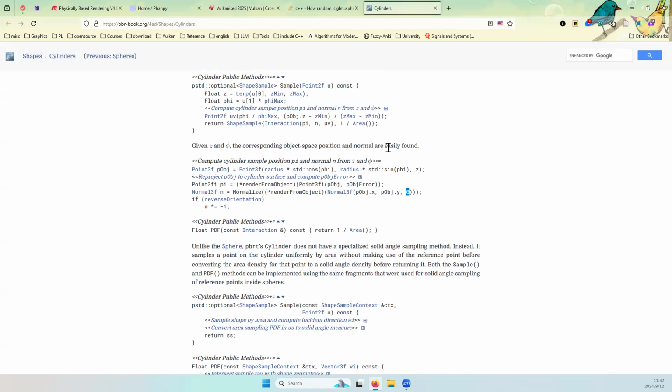Where's the reverse orientation come from? I must have missed it. It's just passed into the constructor. Oh, it's like a cylinder that's inside out or something. Yeah, it's the same as sphere. Like you want the normal to point inward or outward.